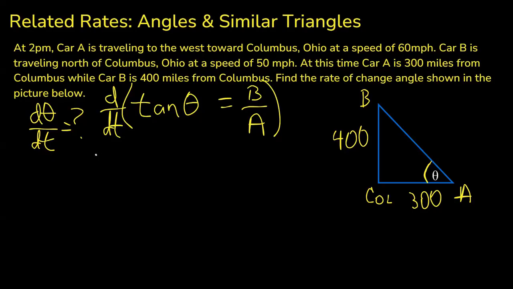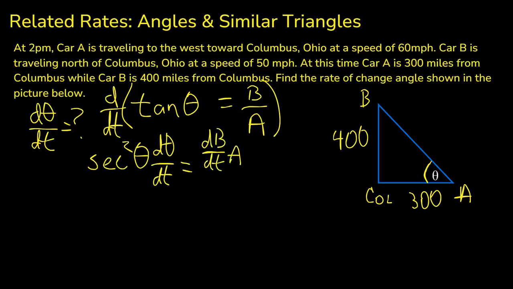So the derivative of tangent is secant squared theta d theta dt. And for B over A, we'd have to use the quotient rule. So derivative of the top times the bottom minus the derivative of the bottom times the top, all over the bottom squared.